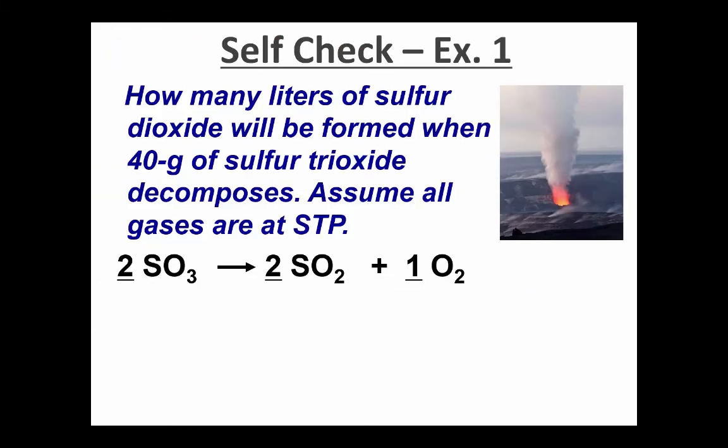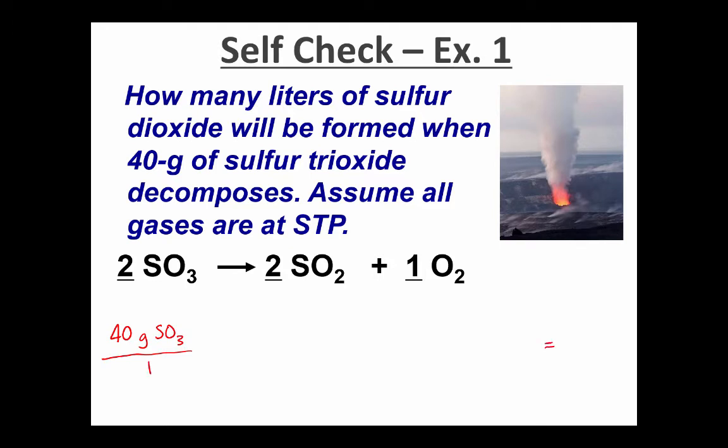So here's how we've solved our gas law problems up to this point. How many liters of sulfur dioxide will be formed when 40 grams of sulfur trioxide decomposes? Assume all gases are at STP. So we write the given, 40 grams of SO3 over 1.